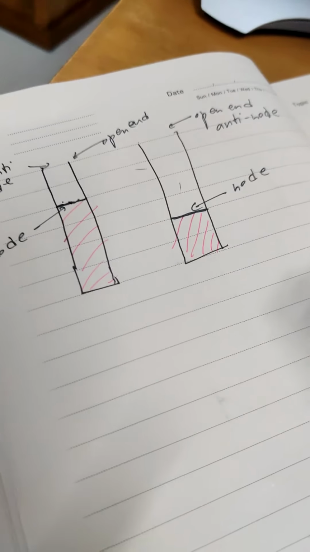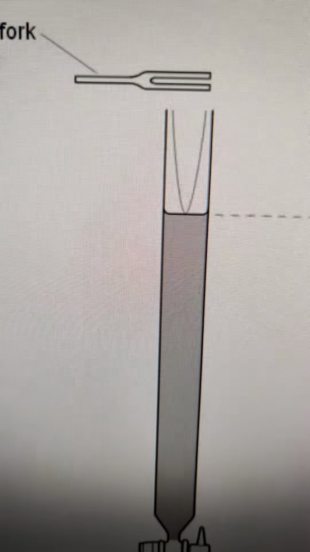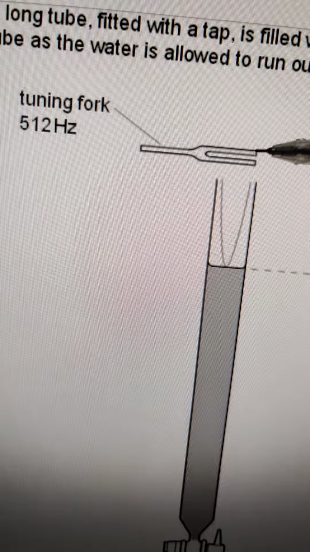One thing that you have to remember about resonance tubes like this is that there's usually a loud sound, all right? There's always a loud sound, and this tuning fork just keeps vibrating, right?